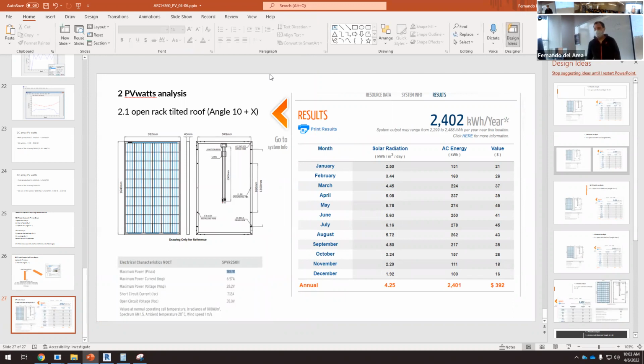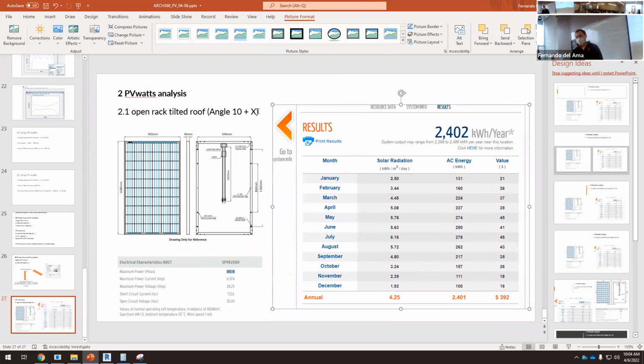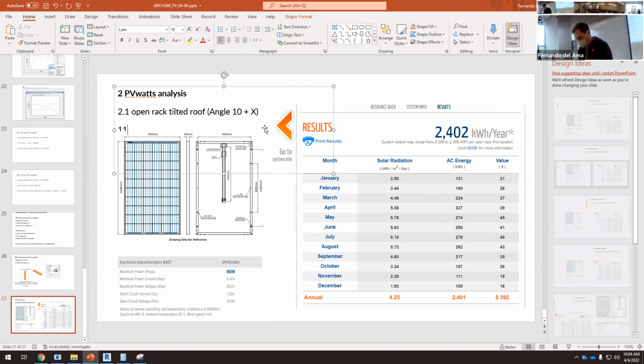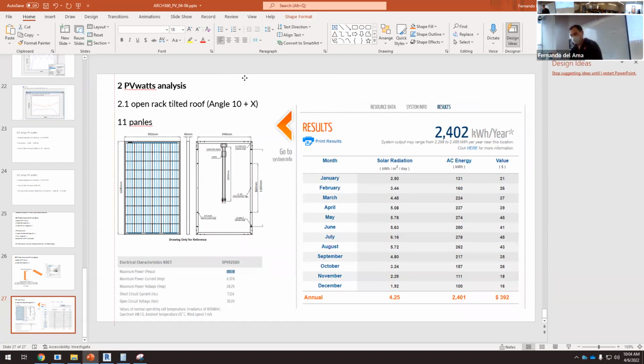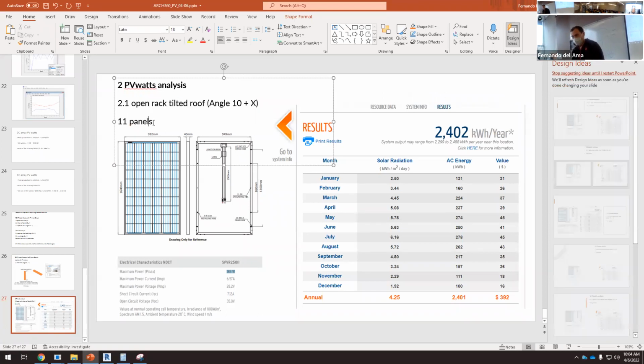Okay, with this specific panel, this is the output that we have in PV watts. And we have selected 11 panels times 185 watts.